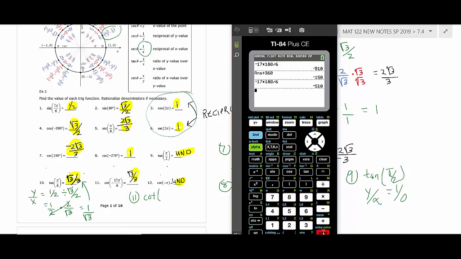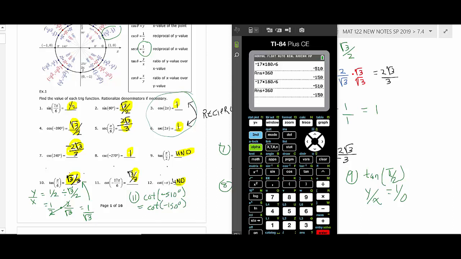So what I have is I have really an angle of negative 510 degrees. Okay, well that's more than one lap around the circle, so if I add 360 to it, then I end up getting a coterminal angle negative 150. So the answer is going to be the same as the cotangent of negative 150 degrees.